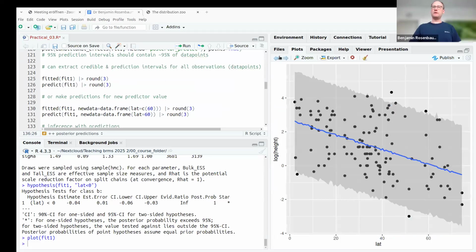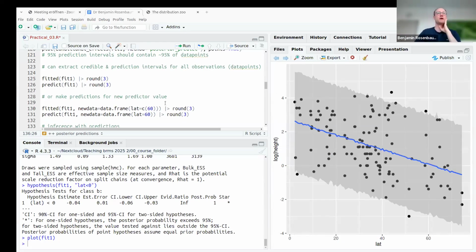But that's not the only thing you can do with the posterior predictions, or in this case, we didn't even need to do a prediction, we just looked at the slope. So often your hypothesis or the statistical inference can be attributed to just one parameter, and then you just calculate probabilities for this parameter. But often your hypotheses are also about predictions.